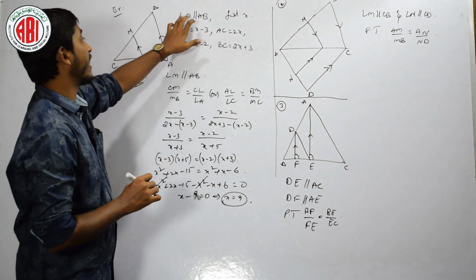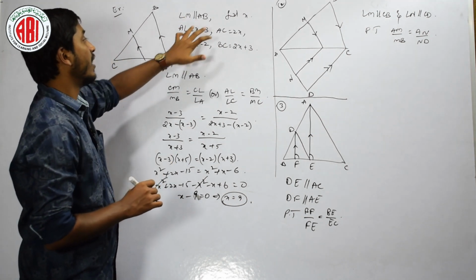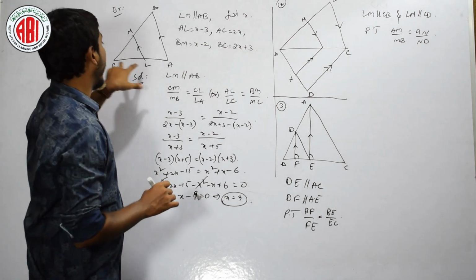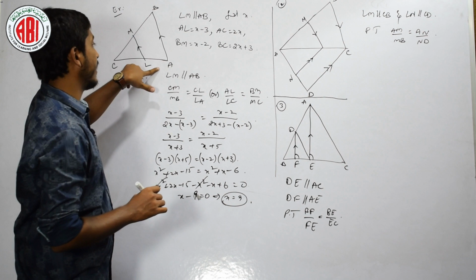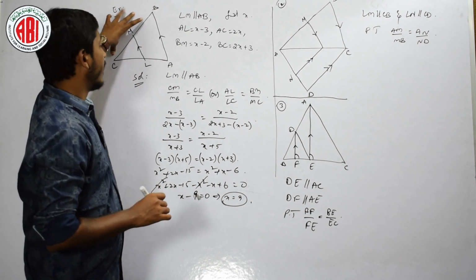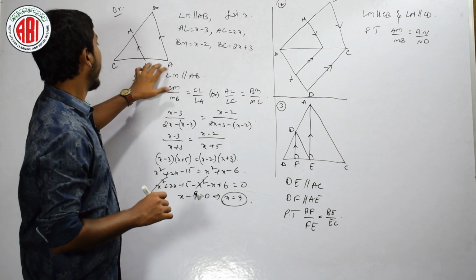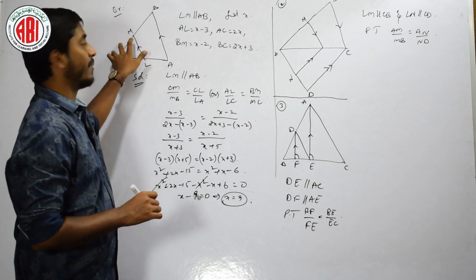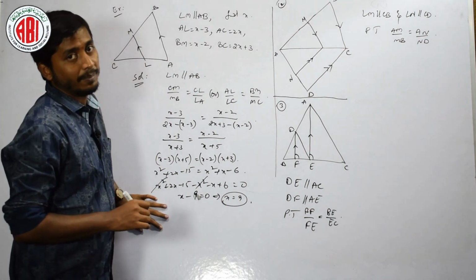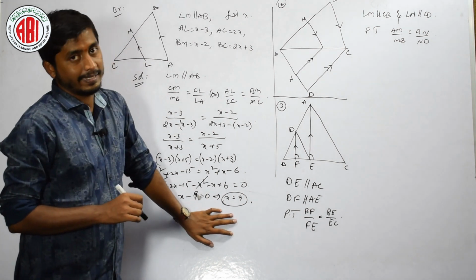Once again, the given condition is LM is parallel to AB. He is asking us to find the value of x. He gave AL and AC and he gave BM and BC, and we know the condition, that is AL by LC is equal to BM by MC. Just substitute in that and simplify, you will get the value of x.